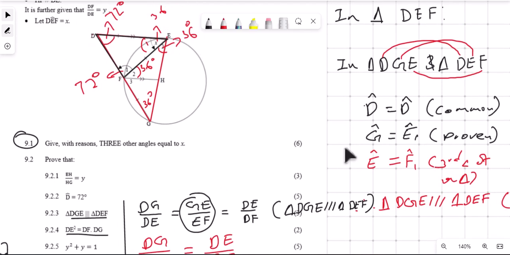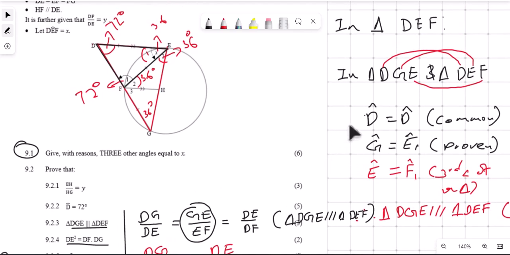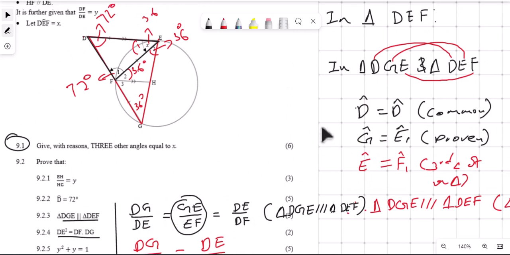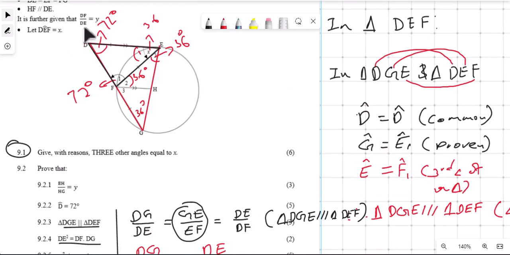We're trying to connect y. So let's go back: DF over DE is y. Is that correct? Yes.